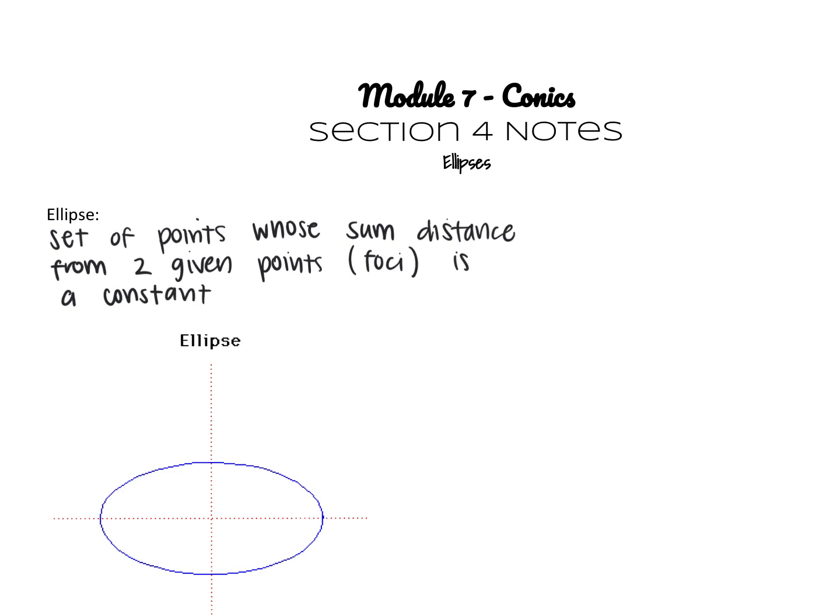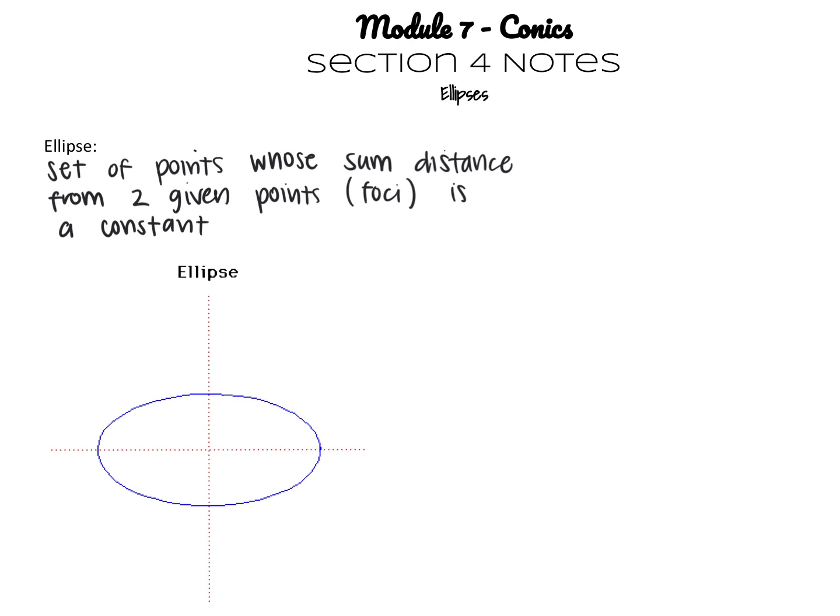So that means if you're looking at our picture of an ellipse here and I pick a point on the ellipse, my foci are specific points. So they are something you can figure out from the equation. But you have your two foci and you have your point on the ellipse. There is a distance between each focus and that point, so those two distances, D1 and D2.